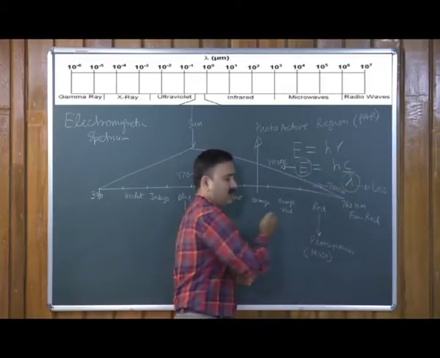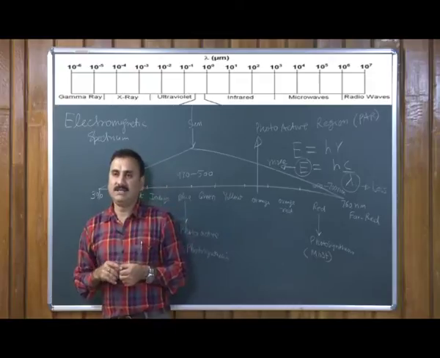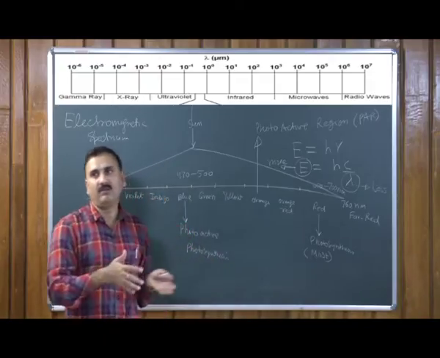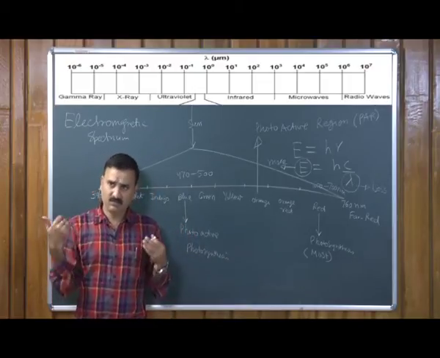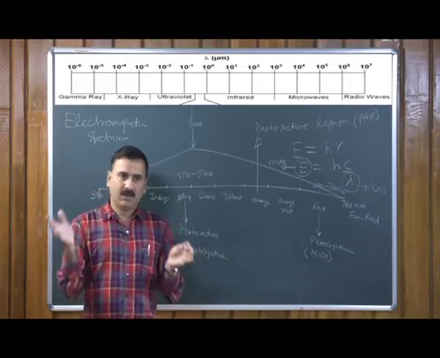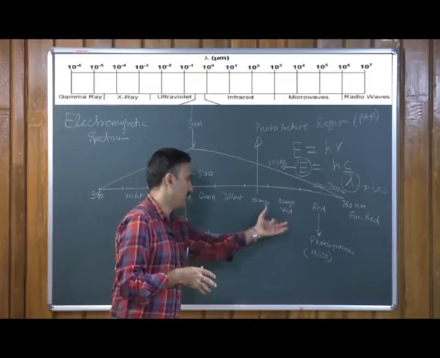So, the energy associated with the red light is less compared to the blue light, but as far as efficiency is concerned, it is more efficient for the red light.